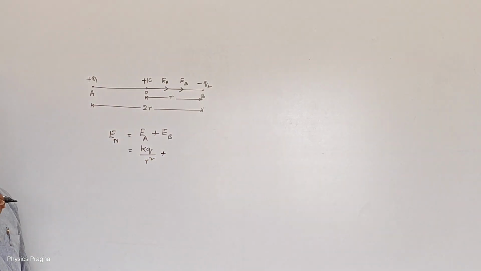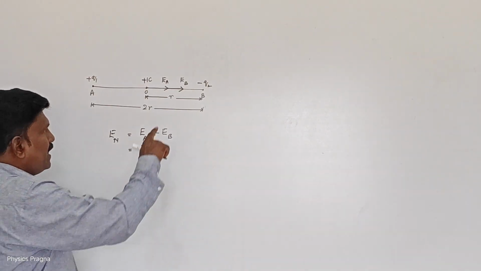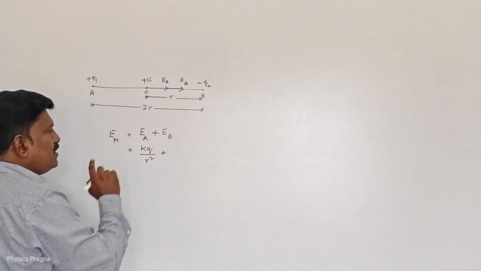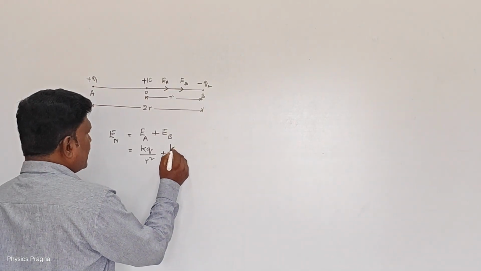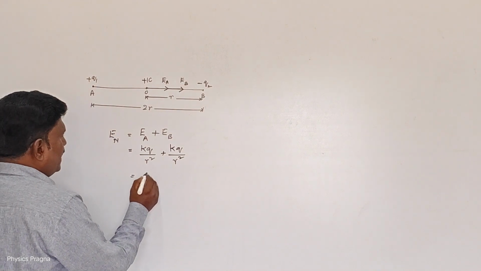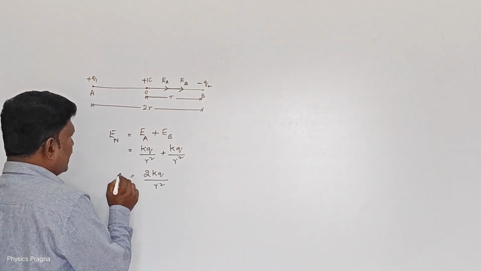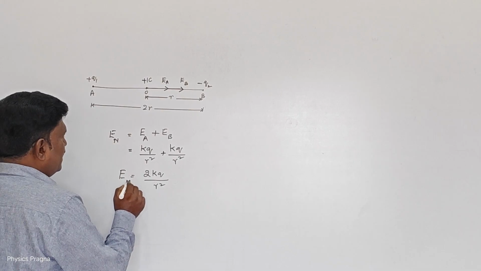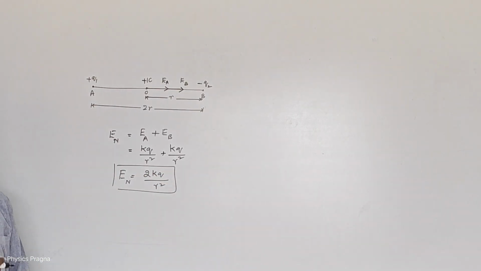Here we are taking only magnitudes, no need to take the negative sign here. When we are adding, you should not write the negative sign. Be careful on this point. So the net electric field is 2kQ by r square. This is the net electric field at point O. Like this, we can calculate.